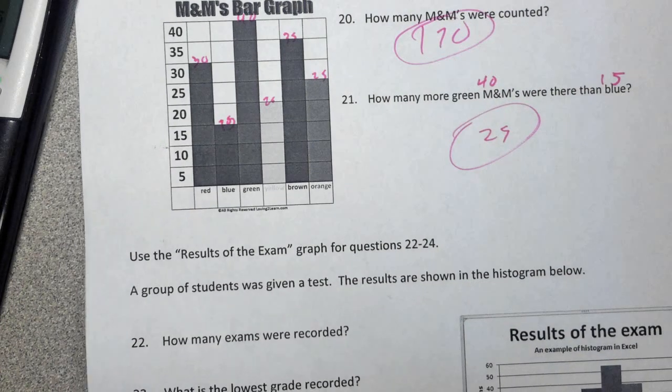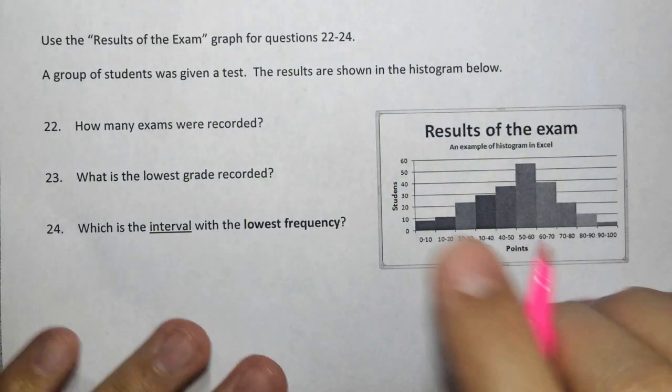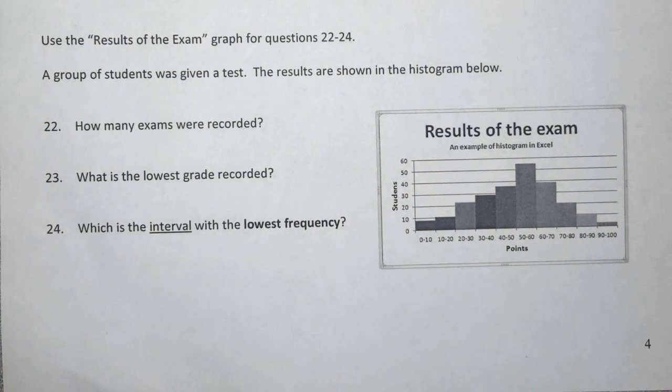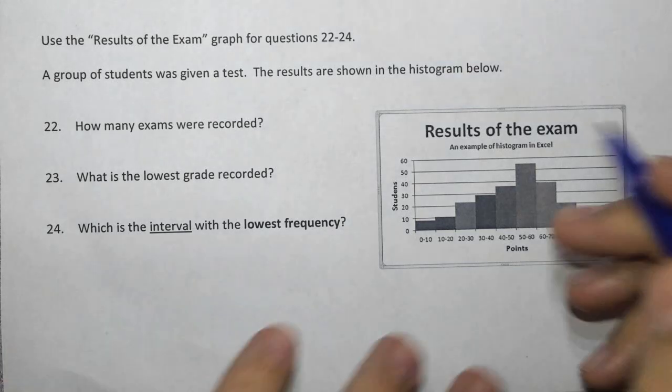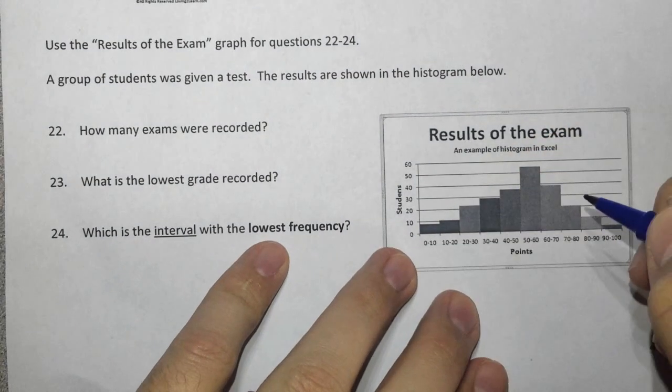Now we're going to the next graph. A group of students were given a test. The results are shown in the histogram below. How many exams were recorded? Well, let's add all these up, I guess.